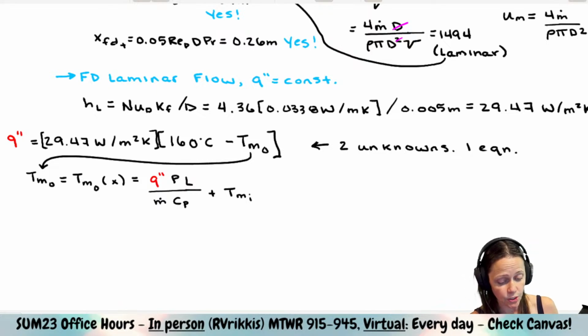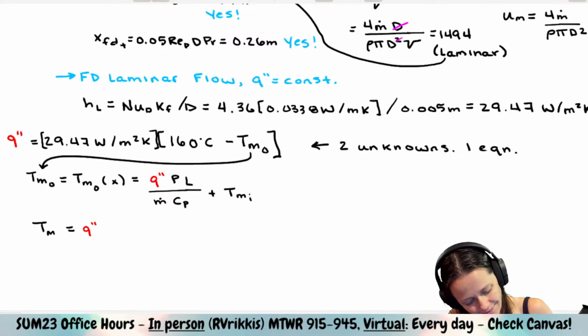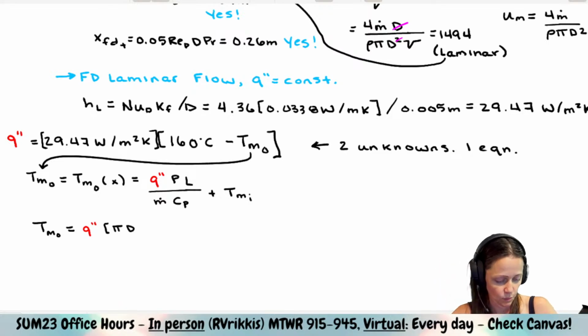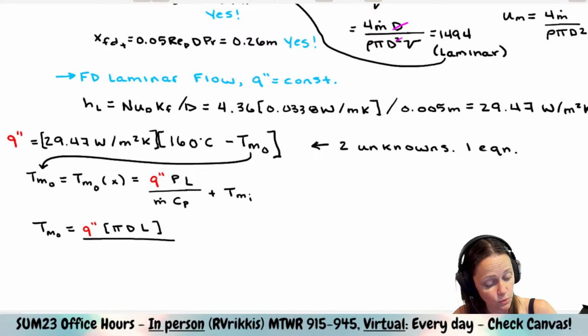And I actually know a lot of these things. I don't know the q double prime, but it's okay, I'm getting there. Times the perimeter, which is pi D, and then we've got the length. I know those things.